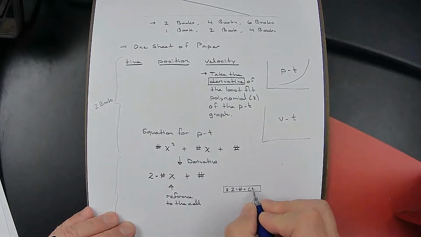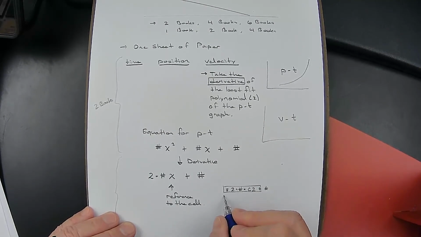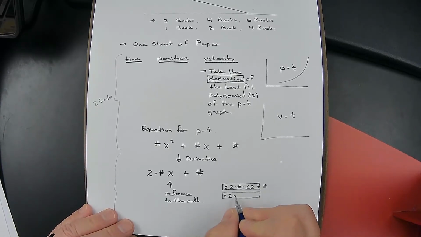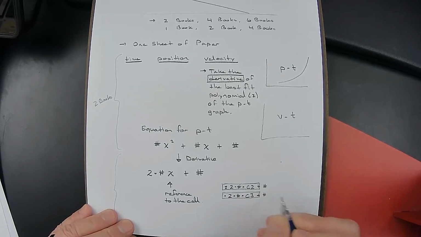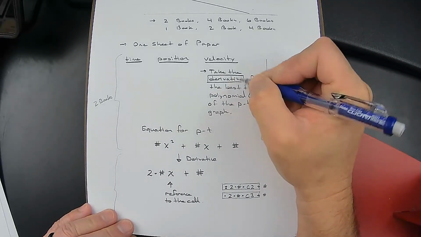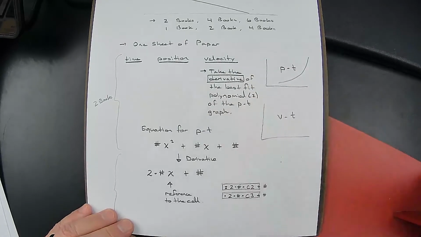Maybe it's C2, and then plus some number. Then the next cell would be equals 2 times the same number, but now times C3 plus some number. So this velocity going down is going to change each time, and we will explain why that changes each time.